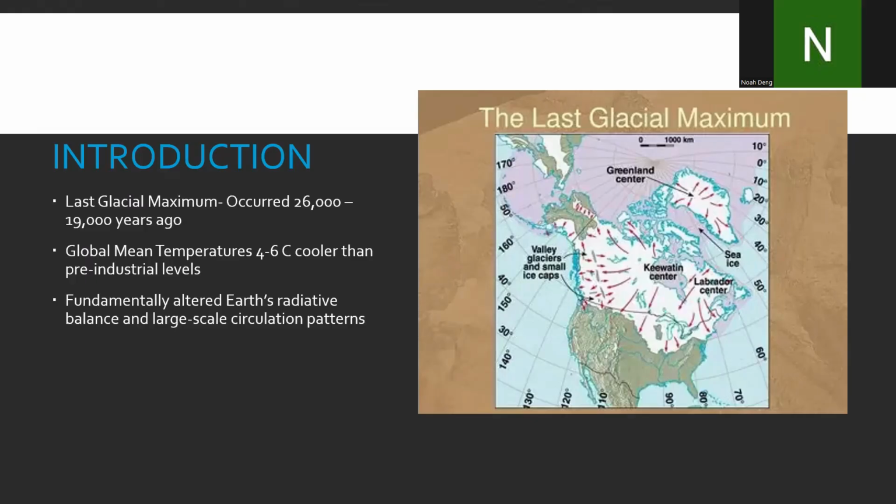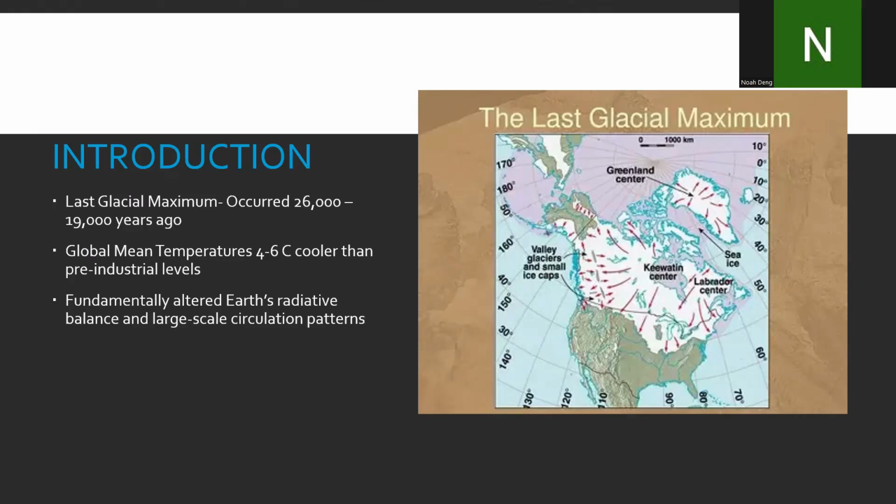These dramatically different boundary conditions, including expanded ice sheets, lower greenhouse gas concentrations, reduced sea level, and increased atmospheric dust, fundamentally alter Earth's radiative balance and large-scale circulation patterns. Because of this, the LGM provides a powerful test case for Earth system models. By simulating this colder climate state, scientists can evaluate how well models represent key feedbacks and large-scale energy redistribution.